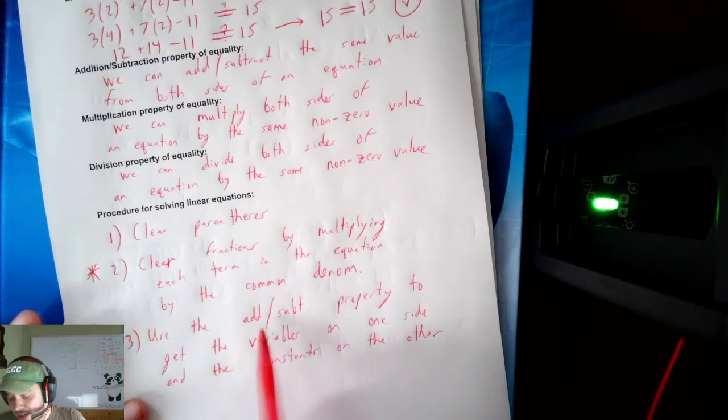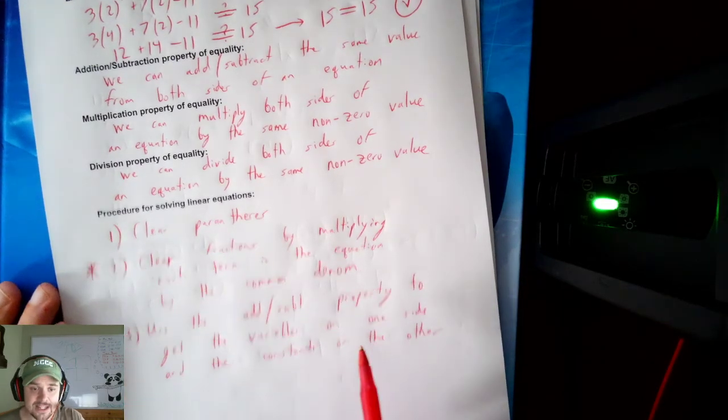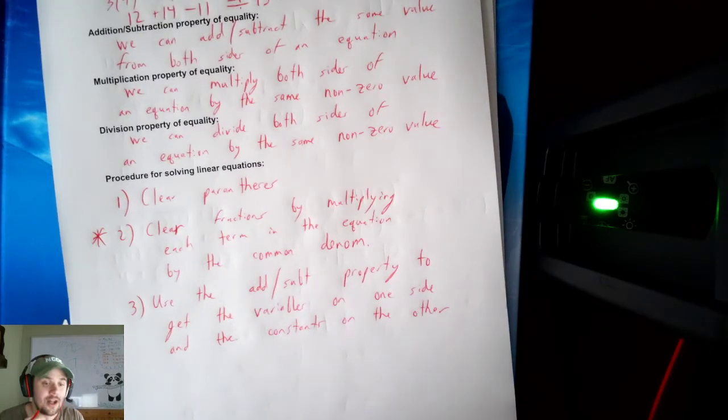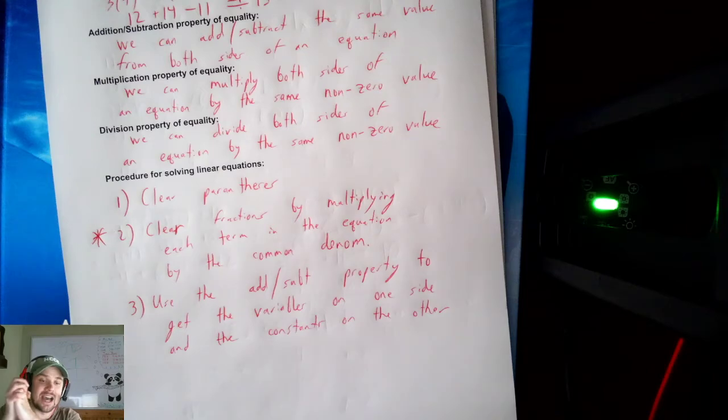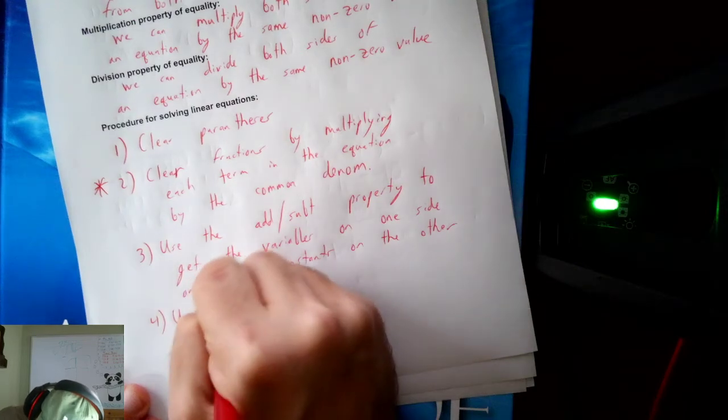So we use the add or subtract property to get the variables on one side and the constants on the other. Here's where we start shuffling stuff around to get all the variables on one side and all the constants on the other side.